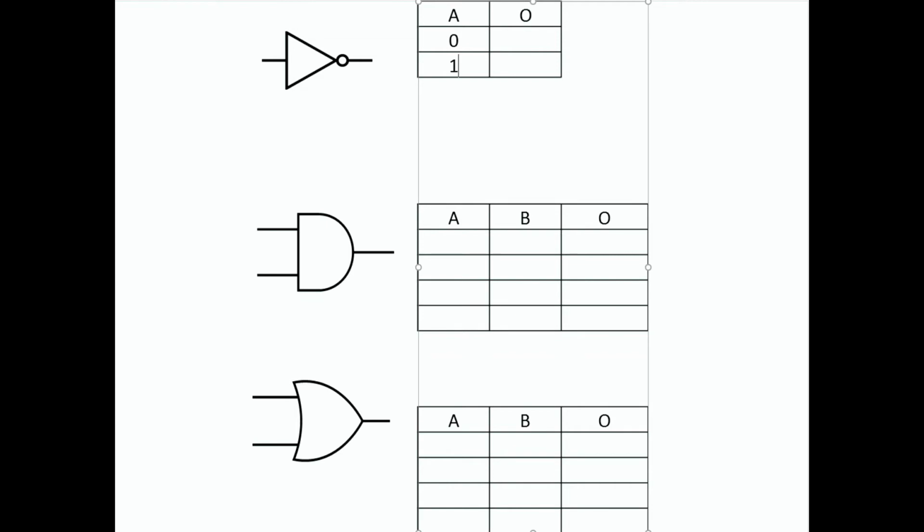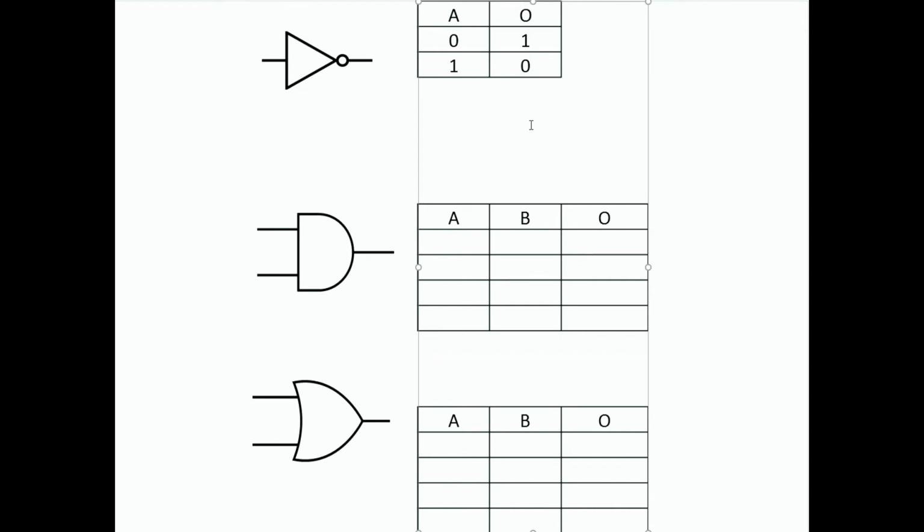We can't go any higher, so now we can look at the output. So if the input on a NOT gate is 0, the output is not the same as the input. So in binary, the only thing that's not the same as a 0 is a 1. If the input is 1, the output is not 1, so it's 0, which will give us our completed truth table.